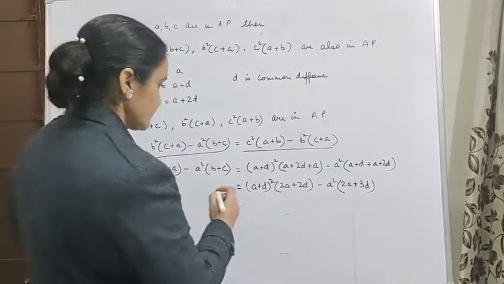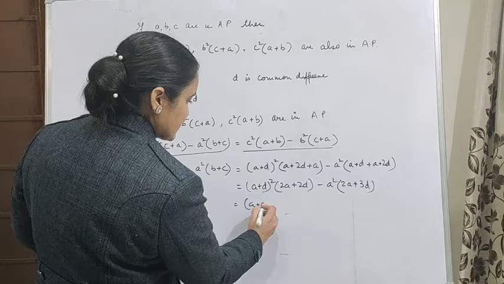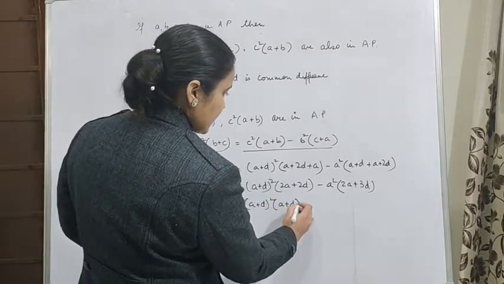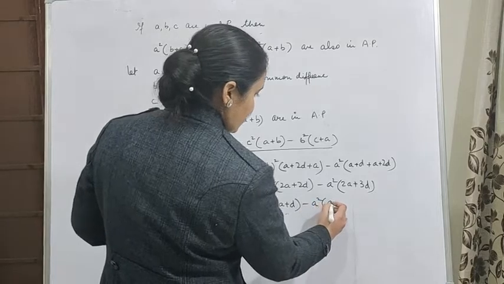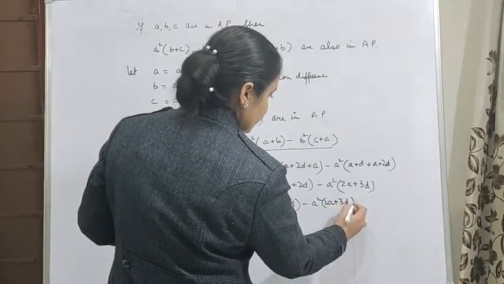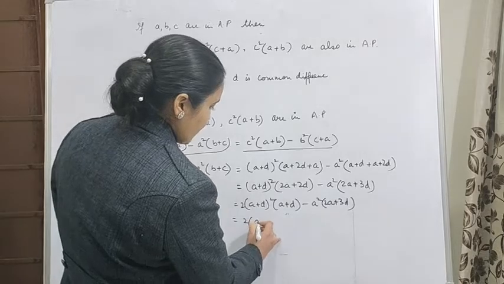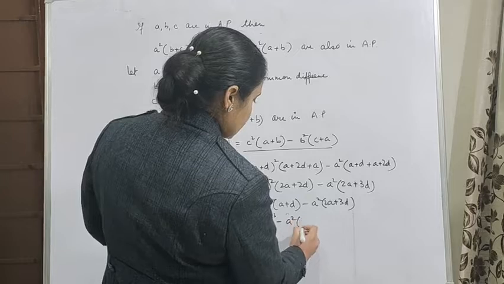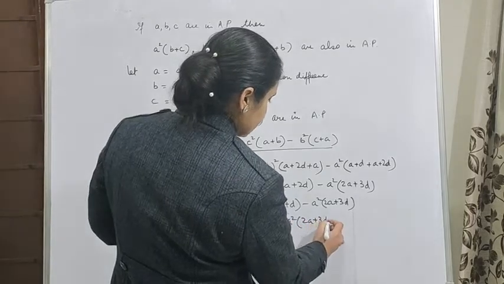3d. So we have a plus d whole square, 2 common, a plus d, minus a square, 2a plus 3d. So we have 2a plus d cube minus a square 2a plus 3d.